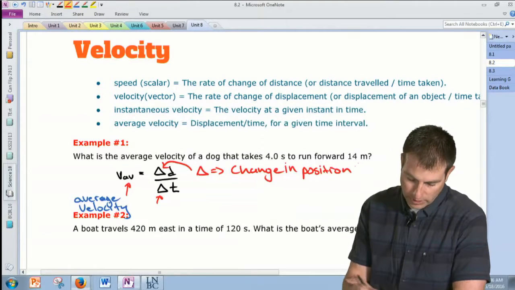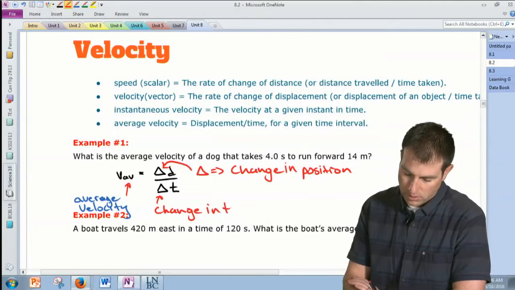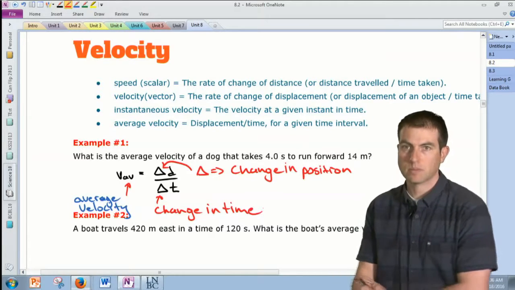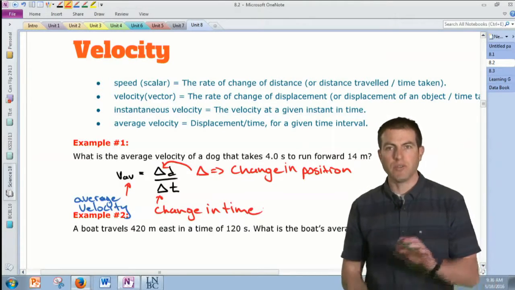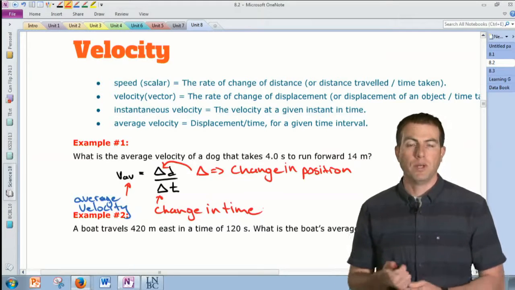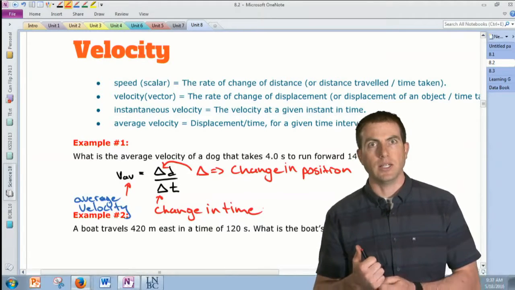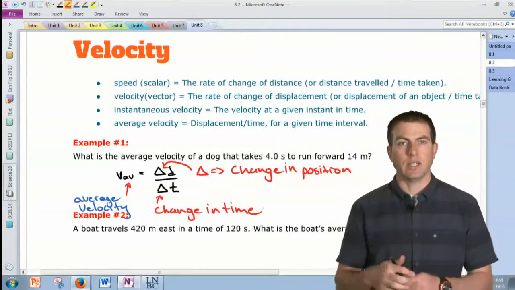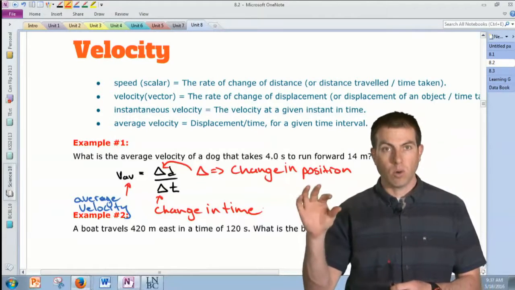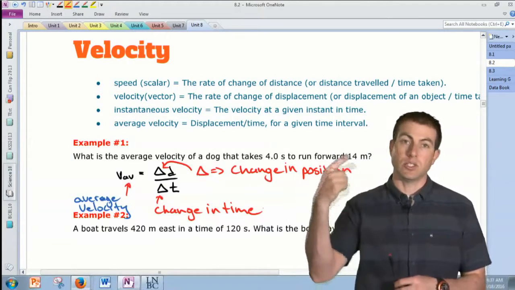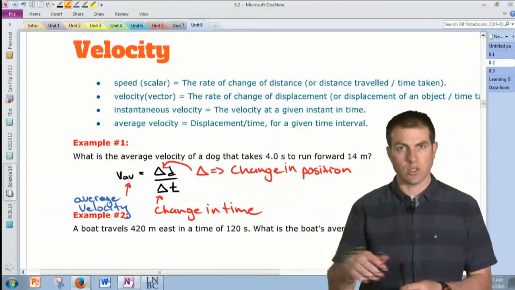When we use the Greek letter delta, and this is a change in time. Rise over run, perfect. We were talking about slope when we talked about the deltas. We said change in y coordinate over a change in x coordinate. So your change in your vertical over your change in horizontal.